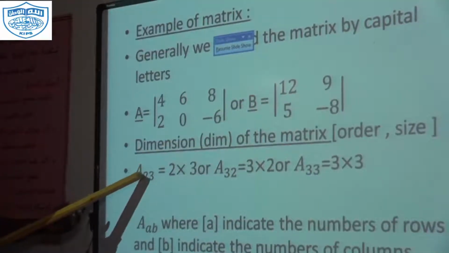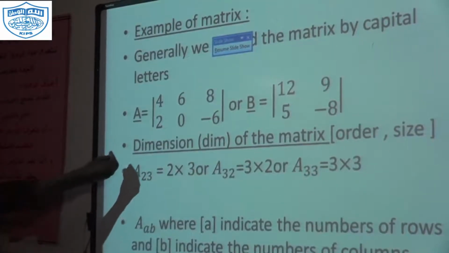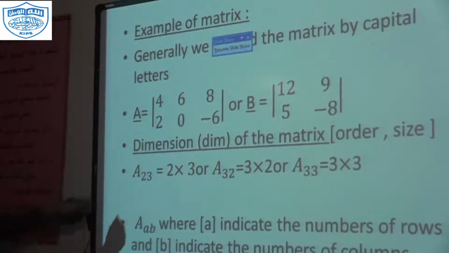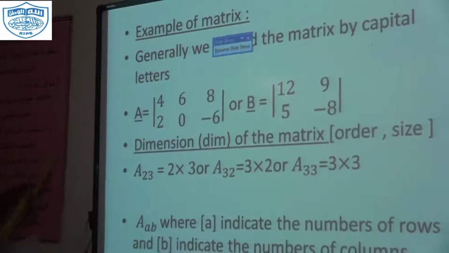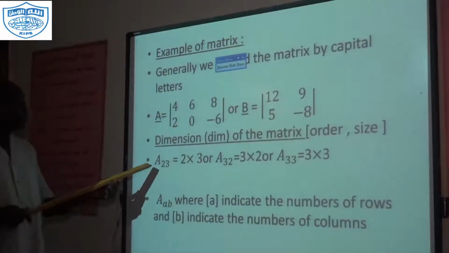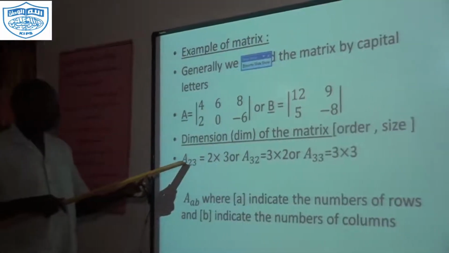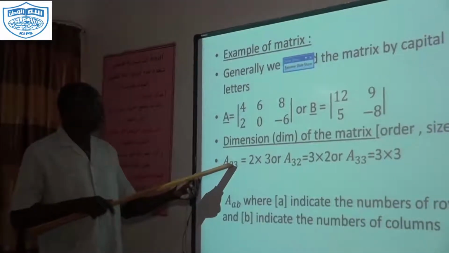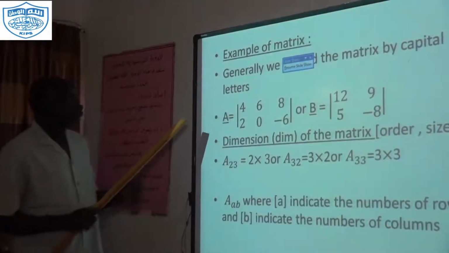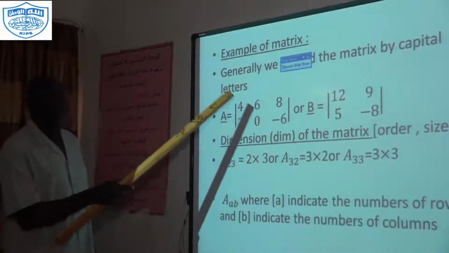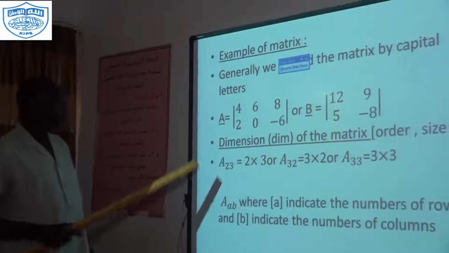The numbers written at the end on the right side, we call it the dimension of the matrix. So this matrix is of dimension 2 by 2, or 2 by 3. We call this the dimension, or the size, or the order of the matrix.